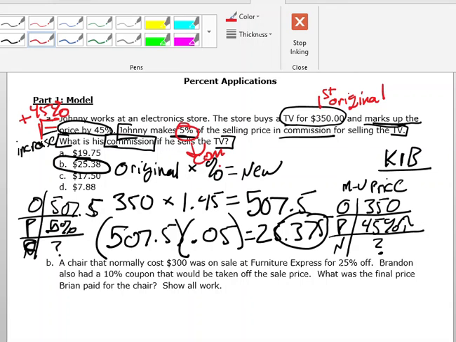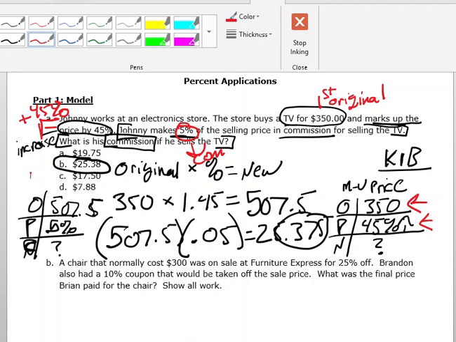I realized that in order to find his commission, I have to figure out how much it's being sold for. So I did my OPN chart over here. I had my 350 with my 45% markup. I did original times 1.45 because it's a markup. So that means I'm paying 100% plus 45% to get 507.5, or $507.50.